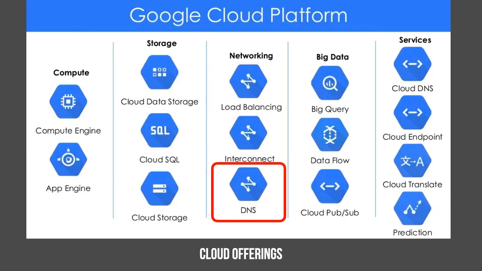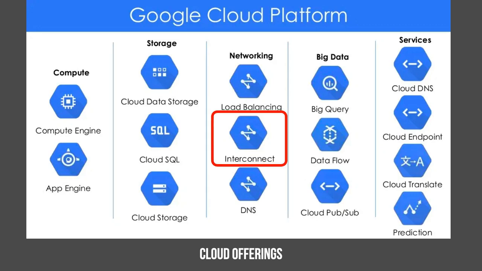Now, a very important and often underrated perk of using services from cloud providers is the availability of tools that allow you to connect to your on-premise or physical IT resources that you may have in your office, data center or server room to form what is known as a hybrid cloud environment. So things like Interconnect.